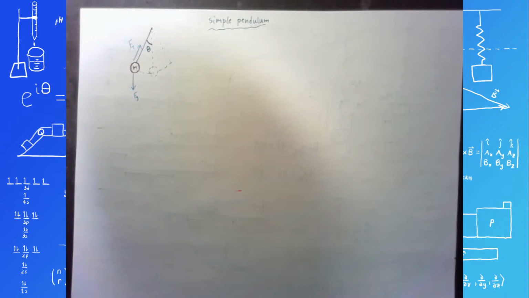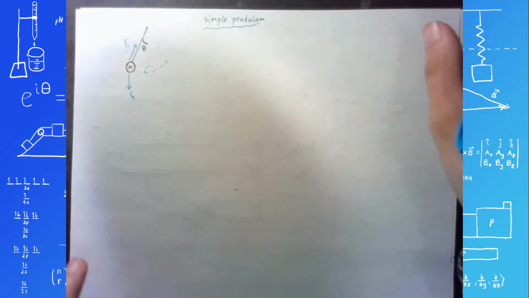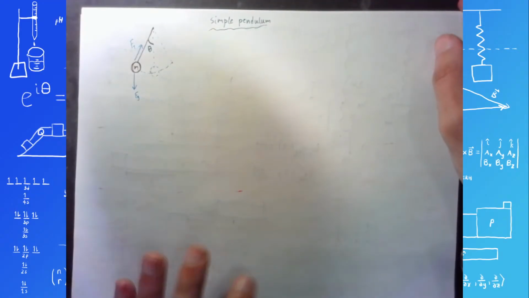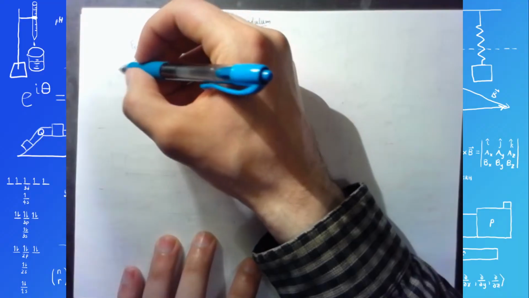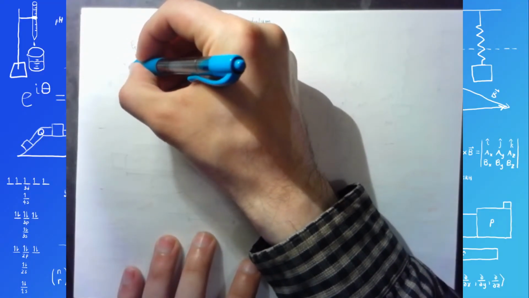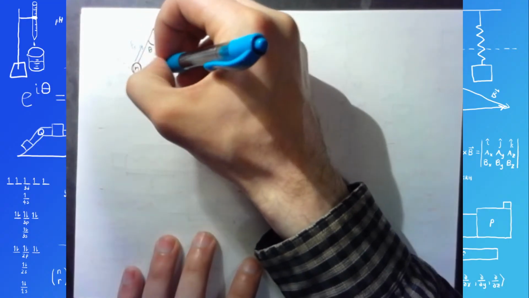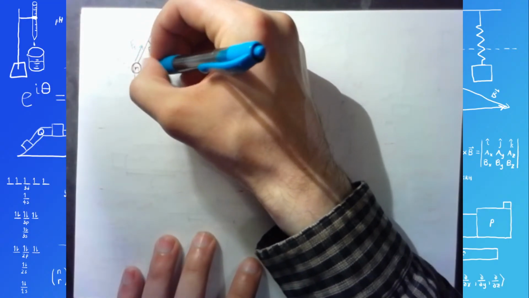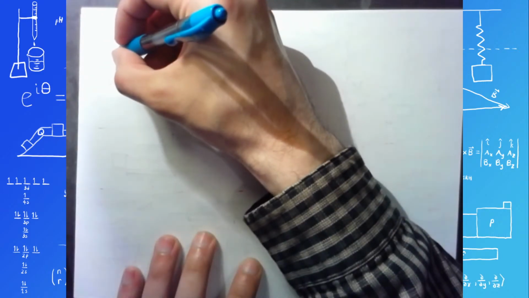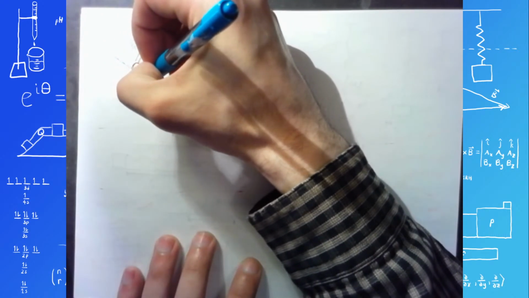And the force of tension is going to have to cancel out with a component of the force of gravity. So what we're going to do is create a coordinate system where one axis is tangent to this path that the mass is moving on, at least at this current instant in time.